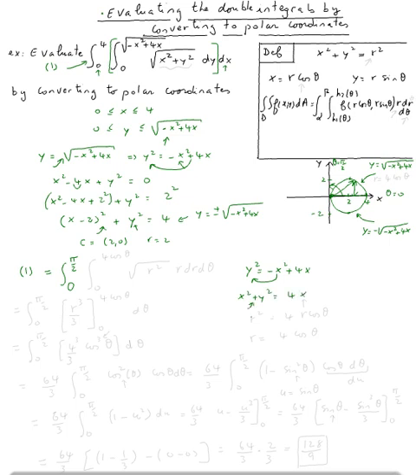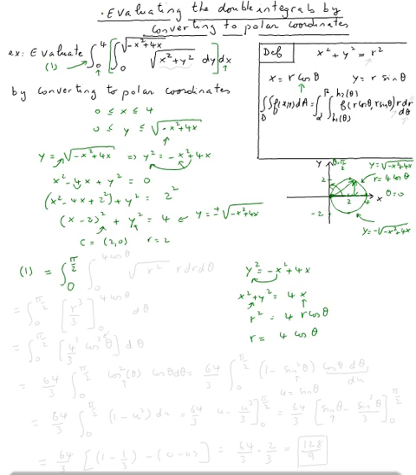Now I can replace this by r squared, and x is r cosine theta. Now let's divide both sides by r. I'm going to get r equal to 4 cosine theta. So actually the equation in polar will be r equal to 4 cosine theta.